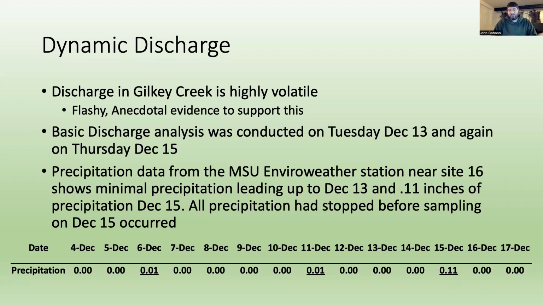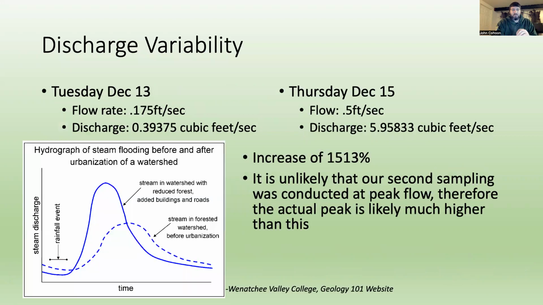I mean, we got a tenth of an inch of rain. Most people's at-home irrigation systems won't even turn off for a rain delay with that level of rain. So, it was a small precipitation event. However, our discharge on Tuesday was about 0.4 cubic feet per second, and our discharge on Thursday was almost 6 cubic feet per second.